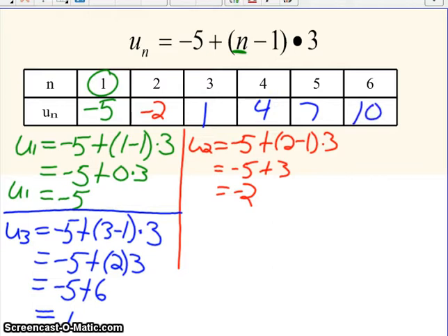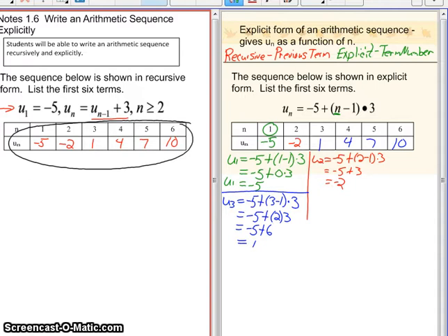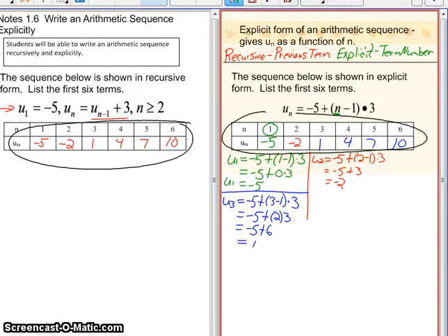All right, so now what I want to do is take a look at these. The terms are the same, but the formulas that we use to get them are different.